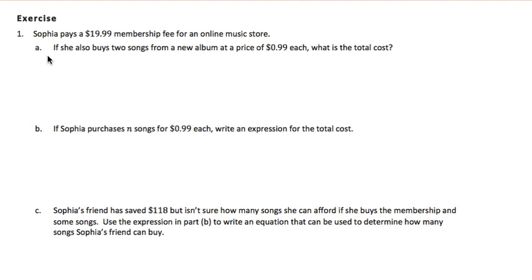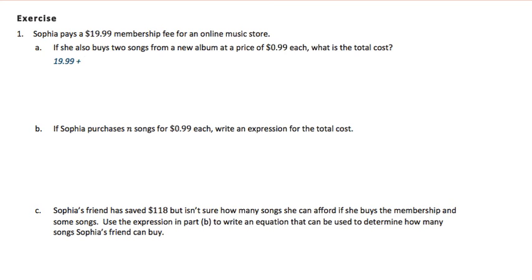And we have one exercise we'll work together. Sophia pays a $19.99 membership fee for an online music store. If she also buys 2 songs from a new album at a price of 99 cents each, what is the total cost? So what we have then is $19.99.